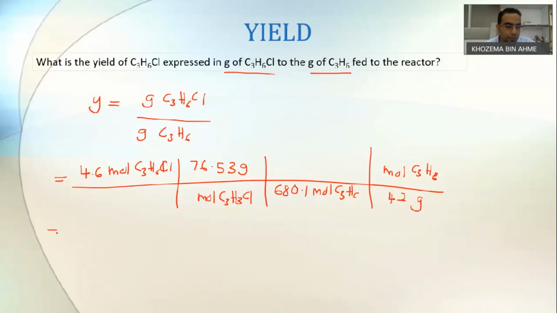So we calculate and we get a value of 0.0123 gram of chloropropane over gram of propane.